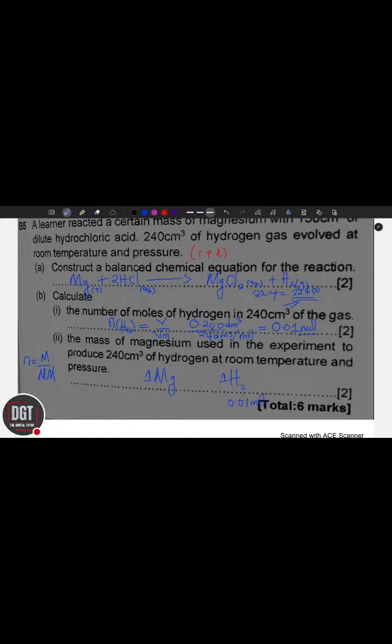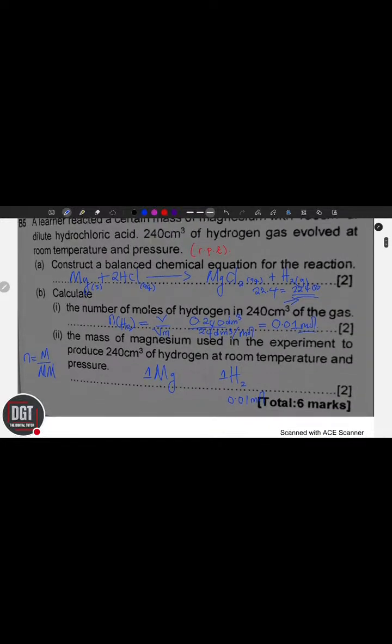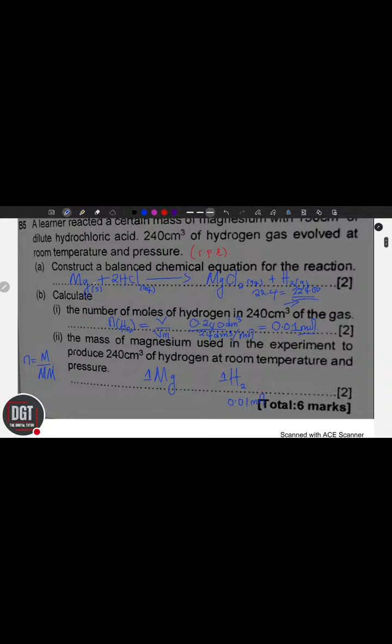We are going to use the mole to mole ratio here, and the ratio that we are going to form is magnesium and hydrogen gas, since we are asked for the mass of magnesium that was used to produce 240 centimeter cubed of hydrogen at room temperature and pressure. So here, the ratios are 1 to 1. The number of moles in front of magnesium is 1, and the hydrogen is 1 here.